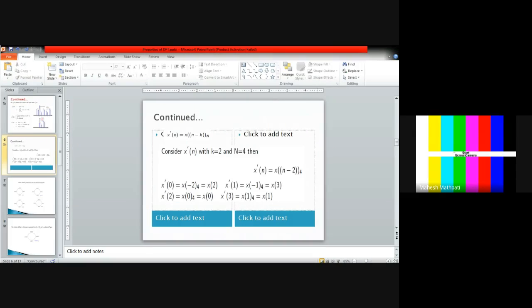The value of n is 4 again. x dash of 0 equals x of minus 2 modulo 4. The value will be x of 2. Getting my point? Why am I writing x of 2?